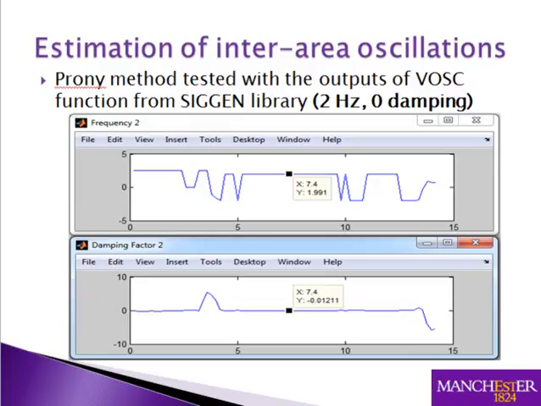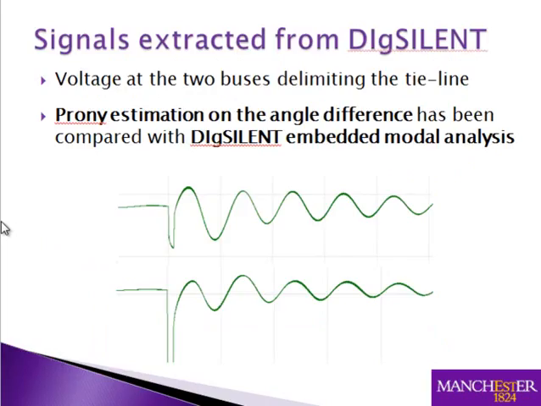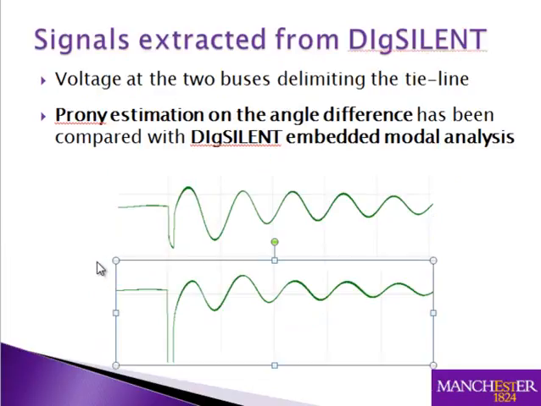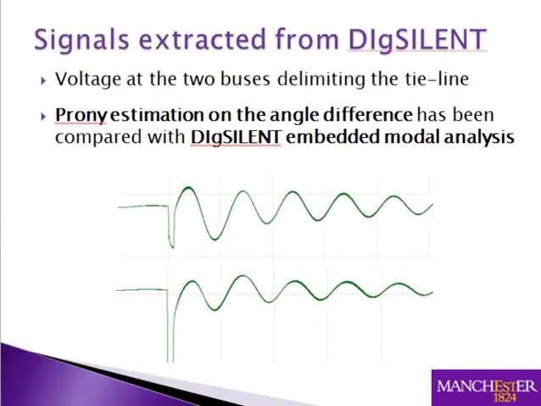Then we thought, okay, we are ready to use our Prony method on the Dixieland extracted signals. So these are, for example, 2 signals at the 2 buses delimiting the tie line, and we have applied Prony on the angle difference, and we have compared it with Dixieland embedded model analysis, as I have mentioned previously.